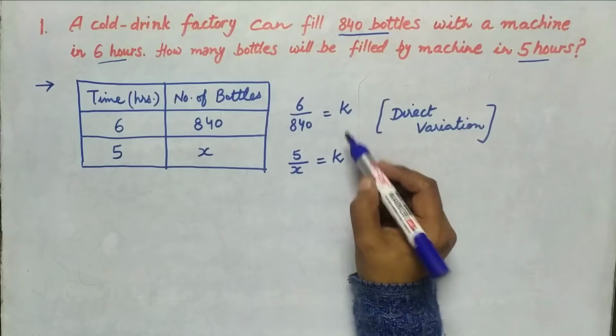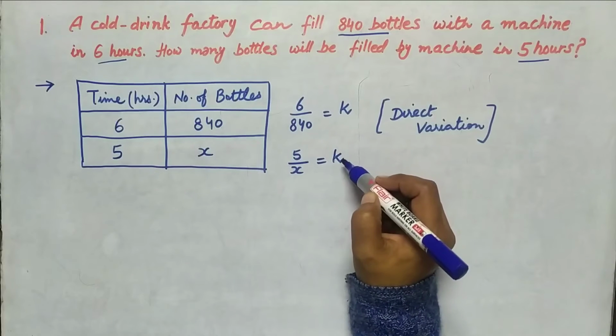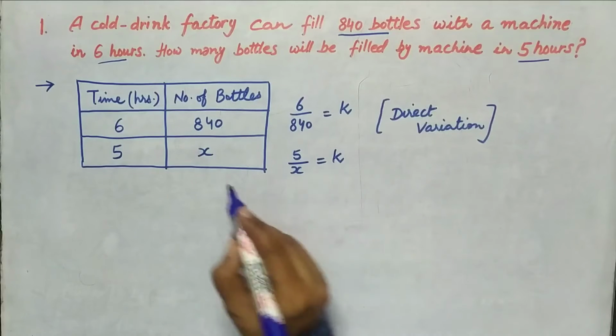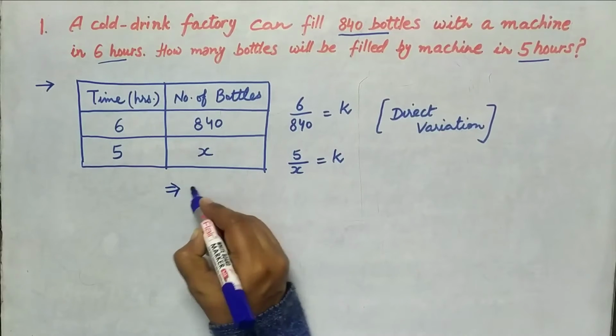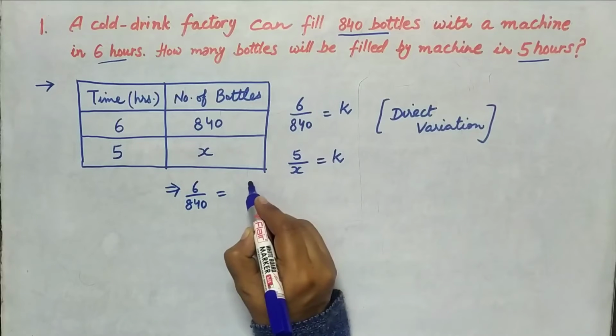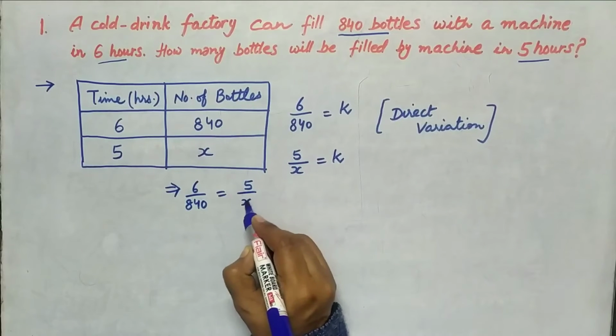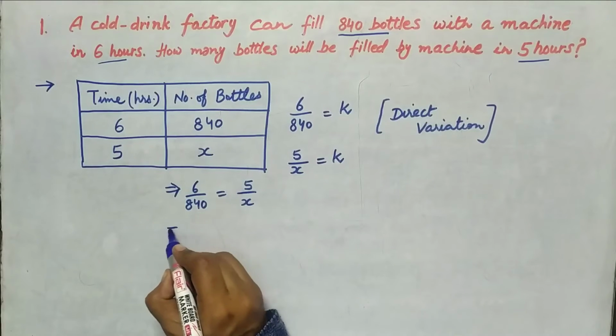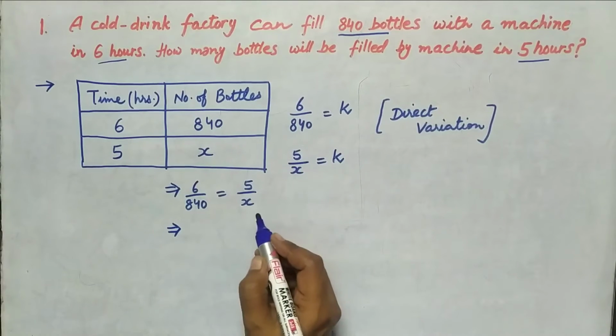Now, these two have the same right hand side. Therefore, the equations will equate themselves and left hand sides will also be equal, and we write 6 upon 840 is equal to 5 upon X. These left sides are equated. It is now a simple equation that we know how to solve.